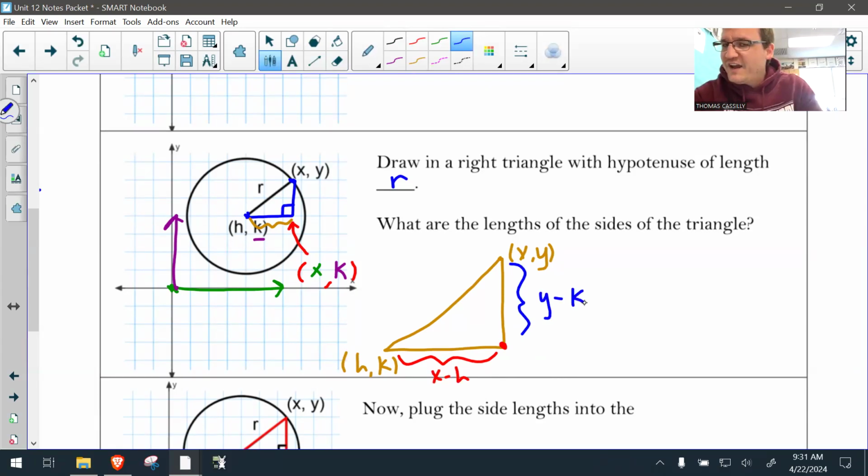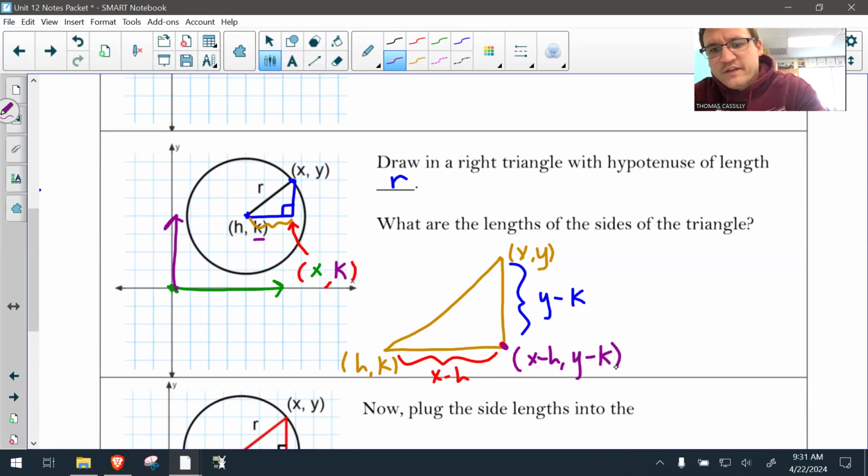We've done this before when we first derived the Pythagorean theorem, or the distance formula. If we think about these two things together, this ordered pair is x minus h, and then y minus k.